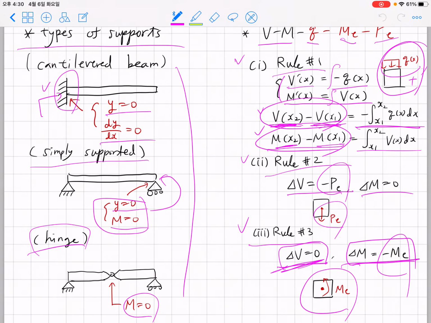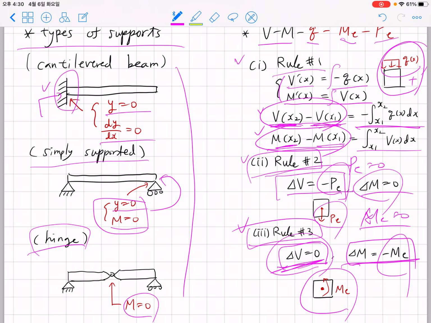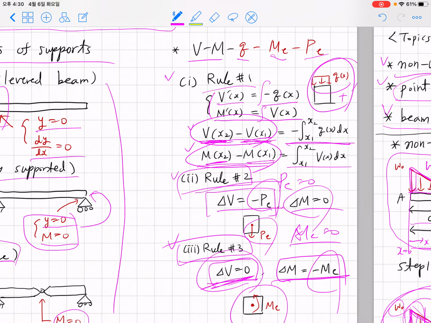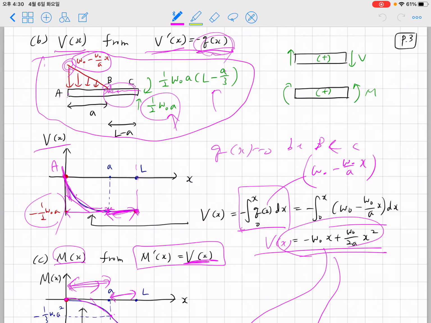Another thing you have to recognize from the rules is, when you consider rule 2 and rule 3, when P is 0 and when M is 0, you should not expect any discontinuity in V and M. So when you go back to our problem, we don't have any point moment, we don't have any point force.